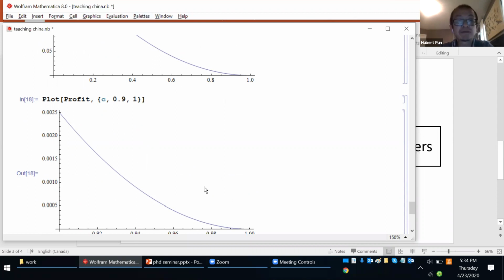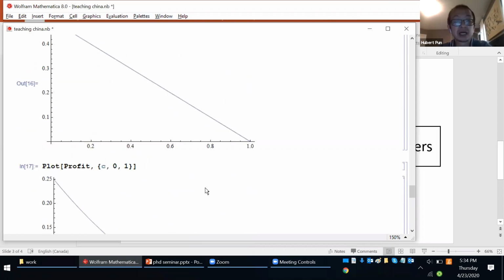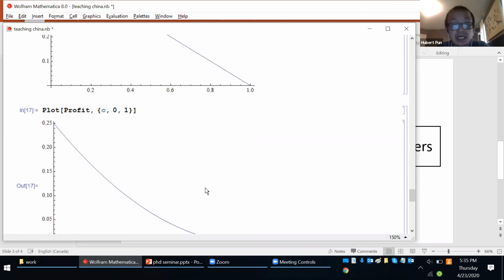So what we have learned from here basically is that as the production cost increases, the optimal demand would decrease, and the optimal profit would decrease as well. So basically that would be a finding. It is not a very interesting finding, but still this is a mathematical finding.